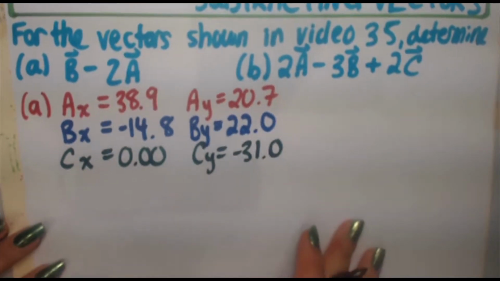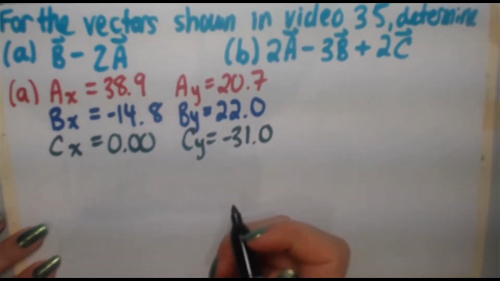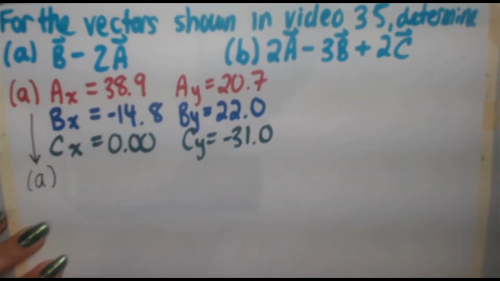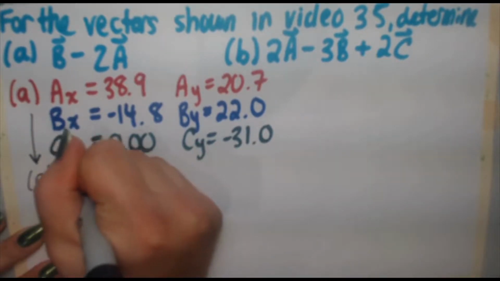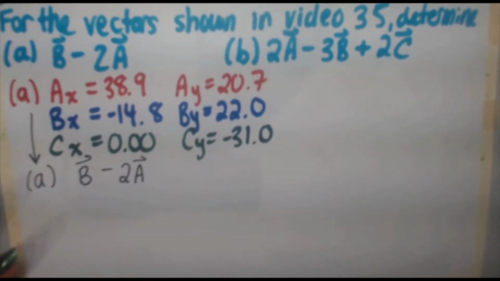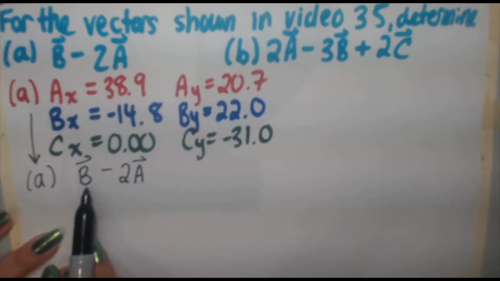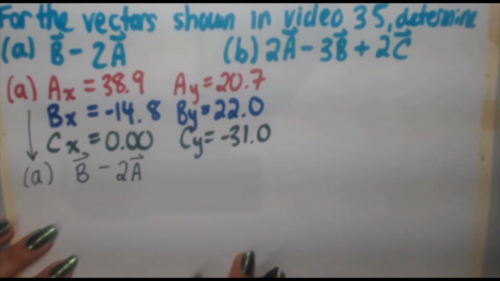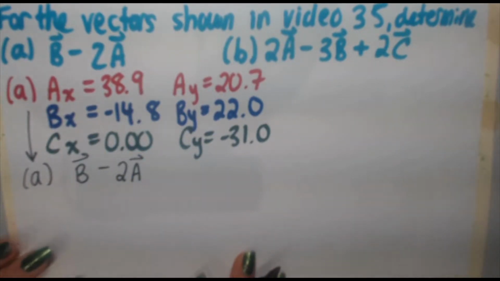For part A, we need to find B minus 2A. Just like in the previous problems, you're taking a vector and subtracting double another vector. A vector minus a vector is a vector, so your answer is going to have an X and a Y component.